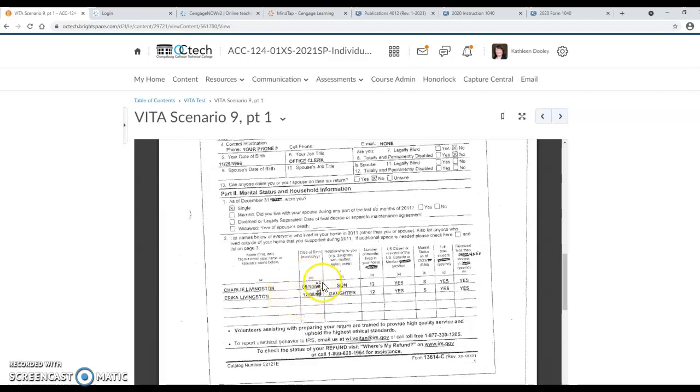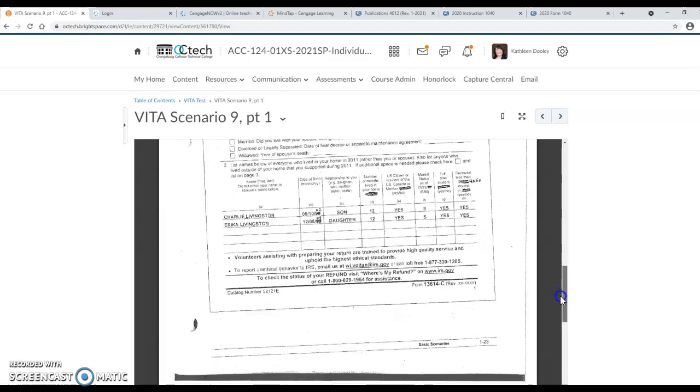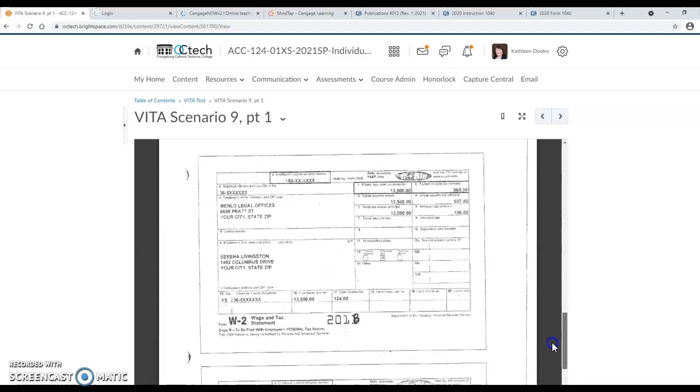Okay, just disregard this date of birth business. He's 17, she's 15. Okay, but the rest of this stuff all answers these questions here so that you will be able to go through the qualifying child and qualifying relative dependent charts and see if she can claim them.